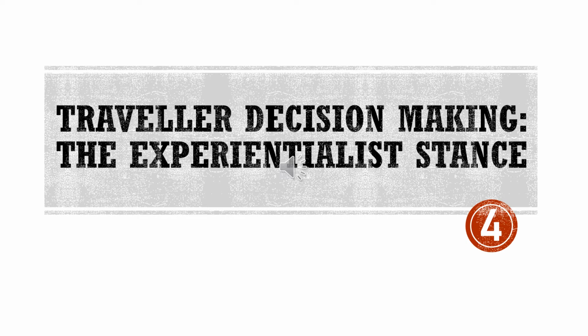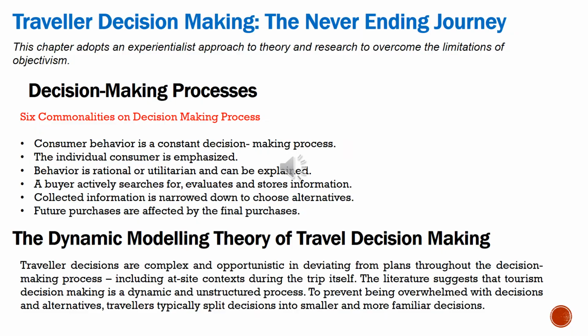So that's the purpose of learning how to drive or how to catch the decision-making factor of a traveler. So the traveler decision-making, the never-ending journey. Okay, why is it never-ending? Because, as we said, tourism never ends.